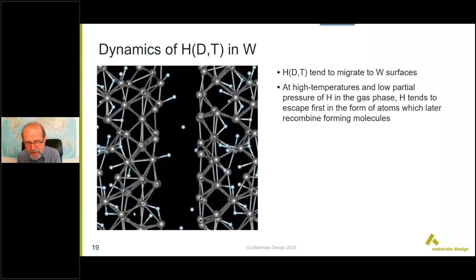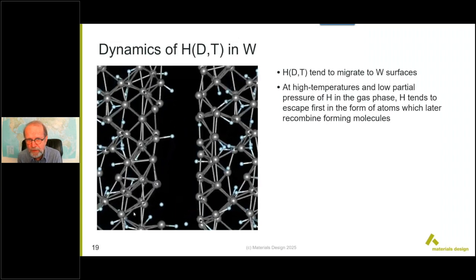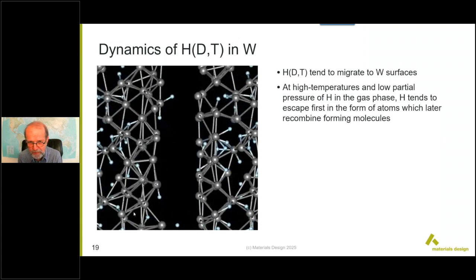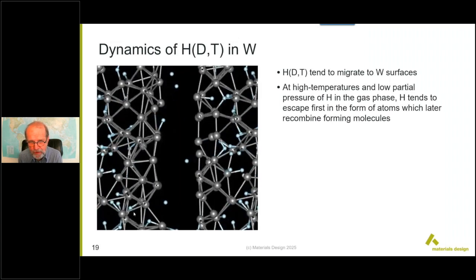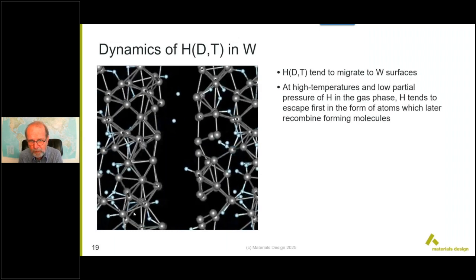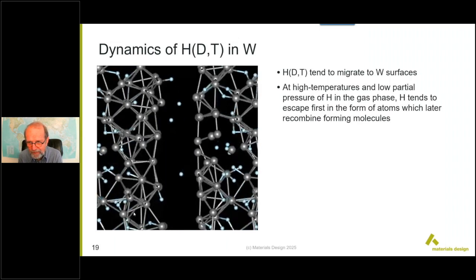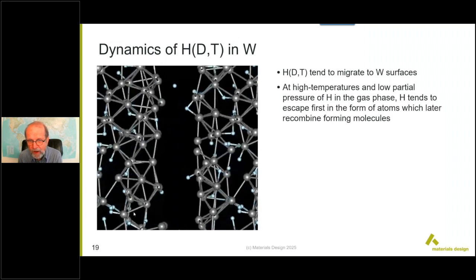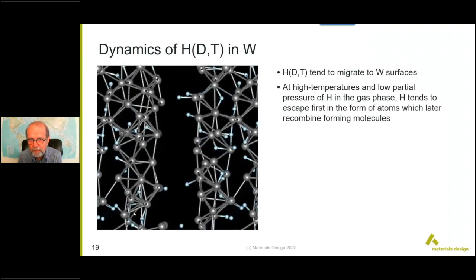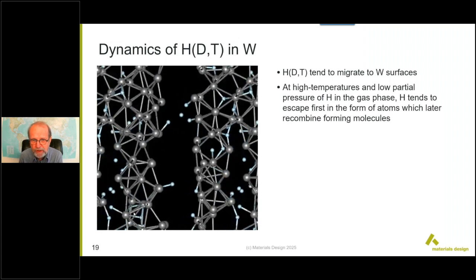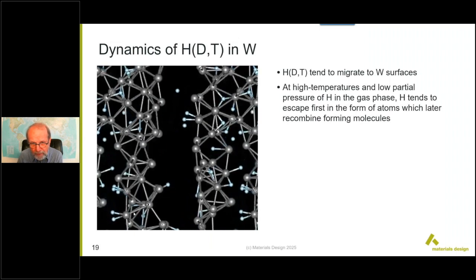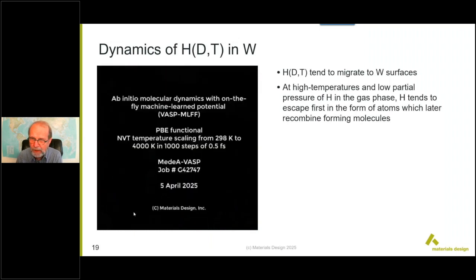Now, this is done using a very beautiful feature of VASP, namely machine learning on the fly. You start out with an ab initio molecular dynamics simulation, and as you step forward, you automatically train a machine-learned potential, and more and more you use this machine-learned potential to propagate the trajectory, and so eventually you end up with a custom-made machine-learned potential.